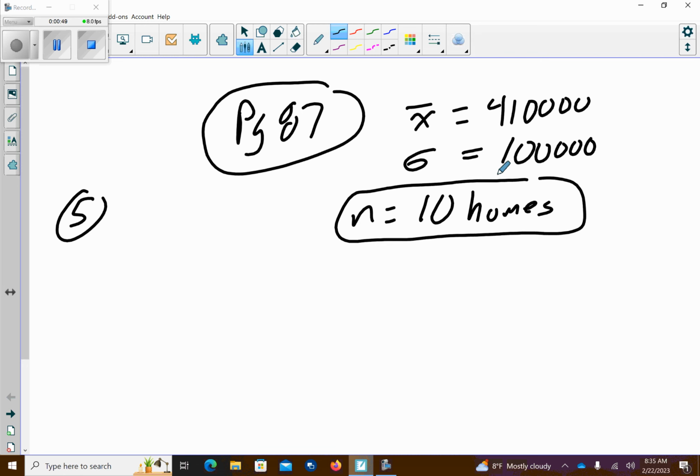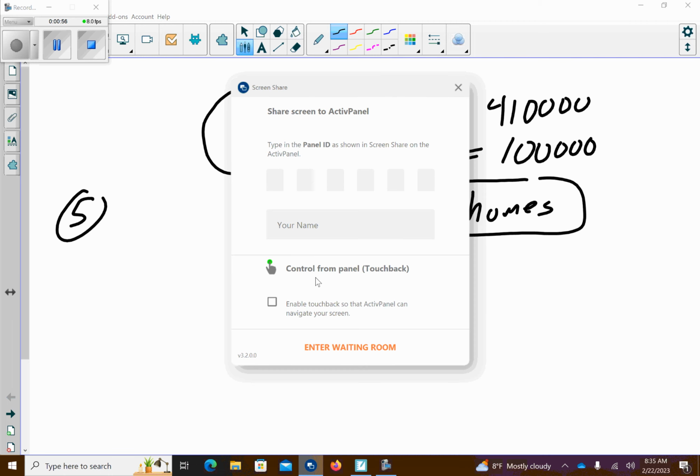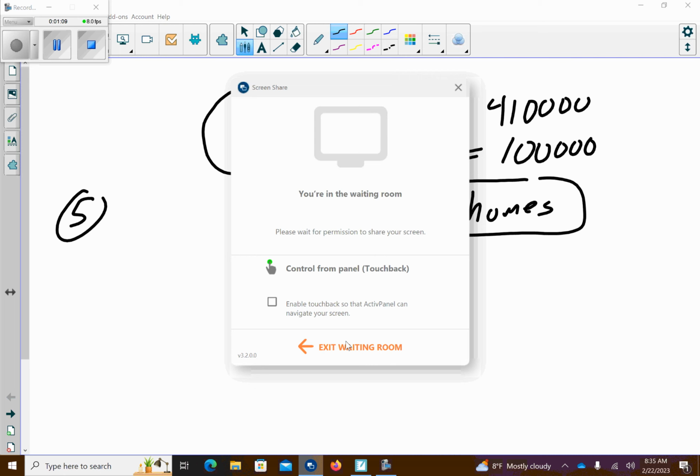So friends, what distribution, oh shoot, I don't have my boards up yet. What distribution should we look at because we have only 10 homes? Should we do normal? Or what? T, yes.